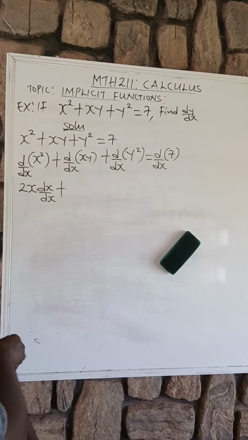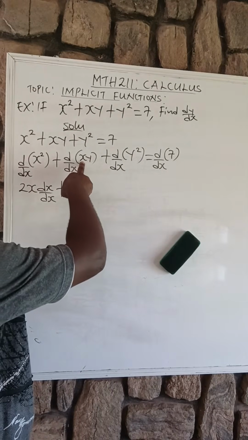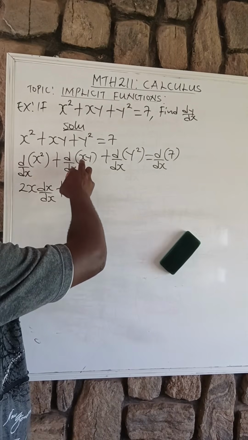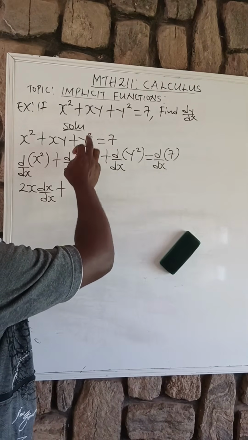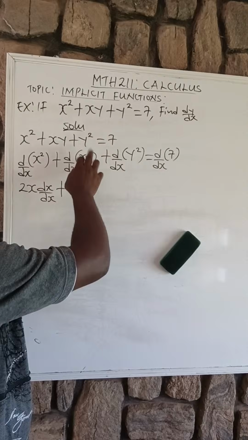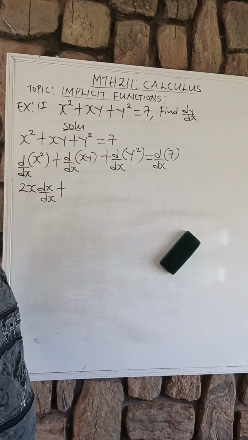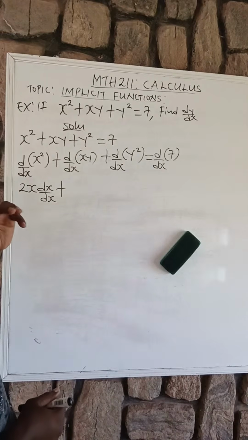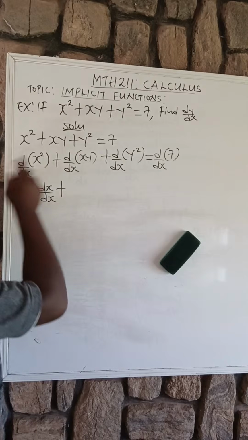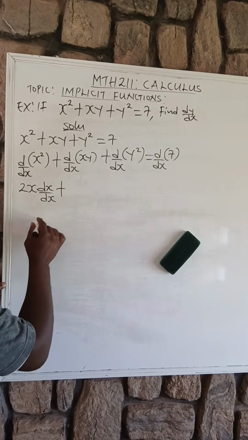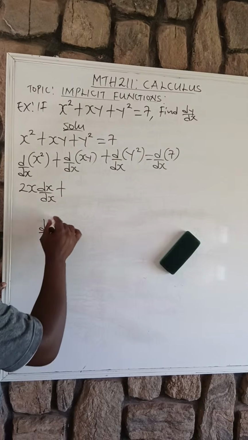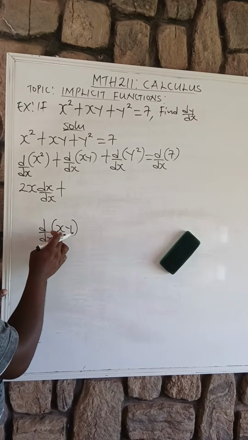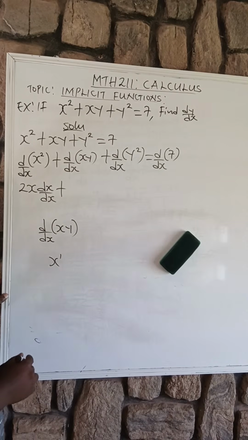To differentiate it directly, here we have two functions. We have x and y. You first differentiate x and hold y, or you first differentiate y and hold x, then differentiate the remaining one later. Whichever way you want to do it. So look at it, let me do it here. d all over dx of xy. Listen, if we differentiate x, note that there is an invisible 1 here.